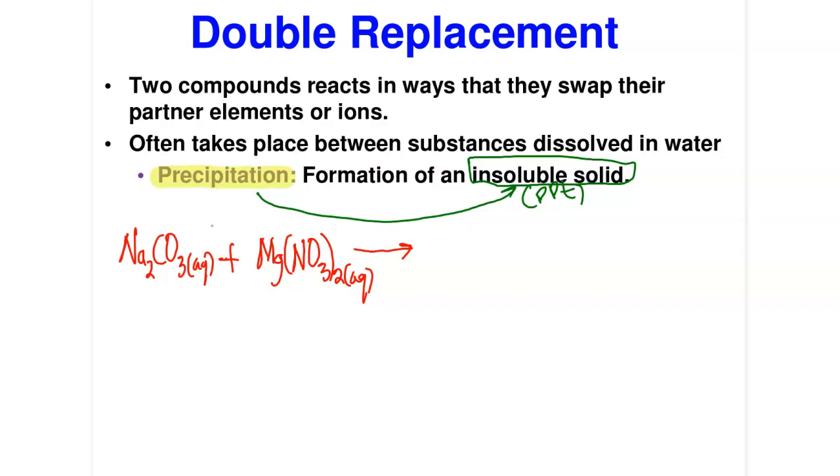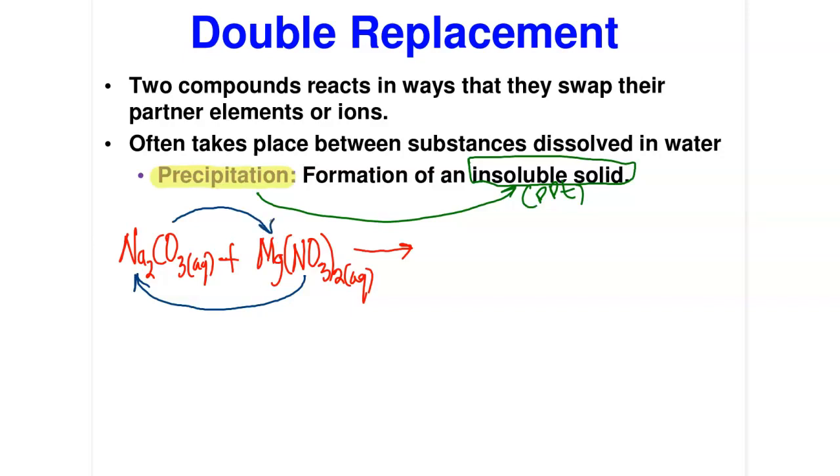Remember, the metals are usually written first. They are the plus sign, the cations, followed by the anions. Now, this ion, which is NO3, will now go and join this one. Whereas this one will go and join magnesium. What do they now form?